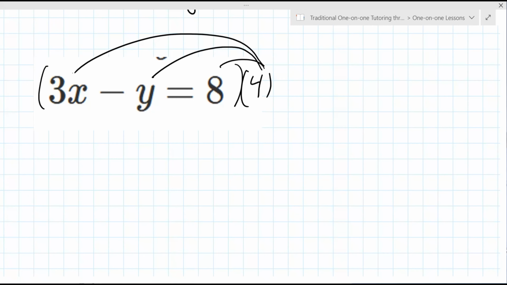Four times 12. 4 times 1 is 4. 4 times 8 is 32.